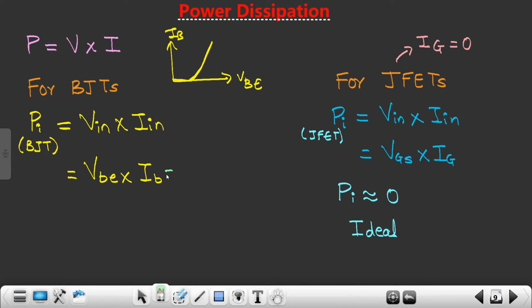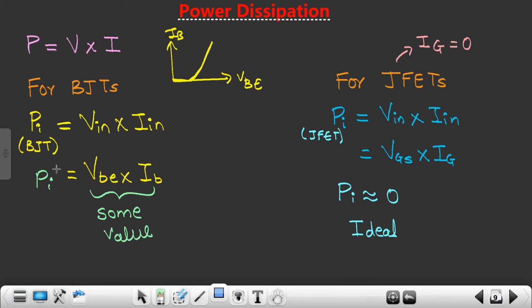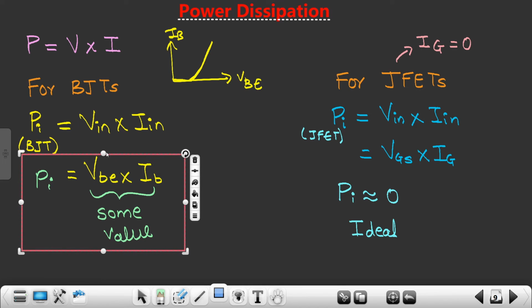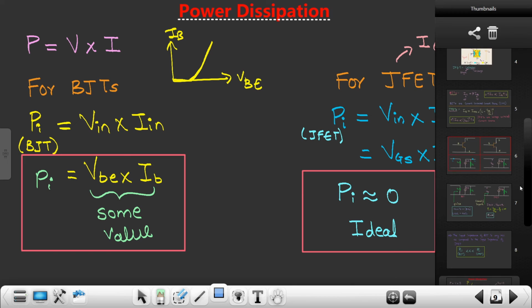There would also be some value available for the power dissipation when it comes to BJTs. So this is my Pi for BJT, and this is my Pi for JFET. Let me highlight these points. This is Pi for BJTs, and this is Pi for JFETs.